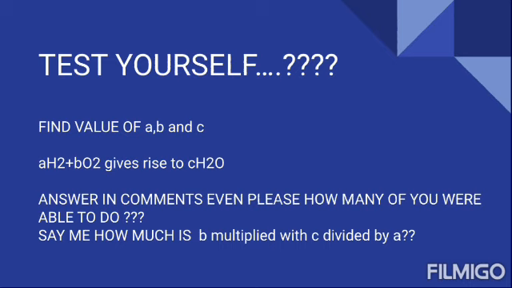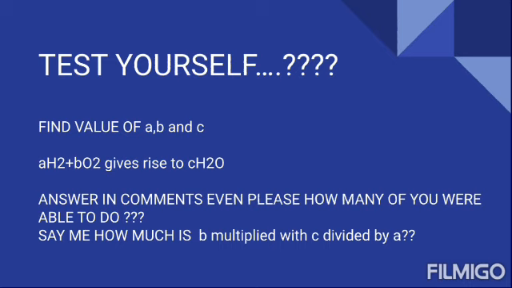What number should come before H2? Before O2, what should come? And before H2O, what should come? It can be 1, 2, 3, infinite, but it can't be 0, okay? Now, you should answer this in the comments. And I should also know how many were able to do it.